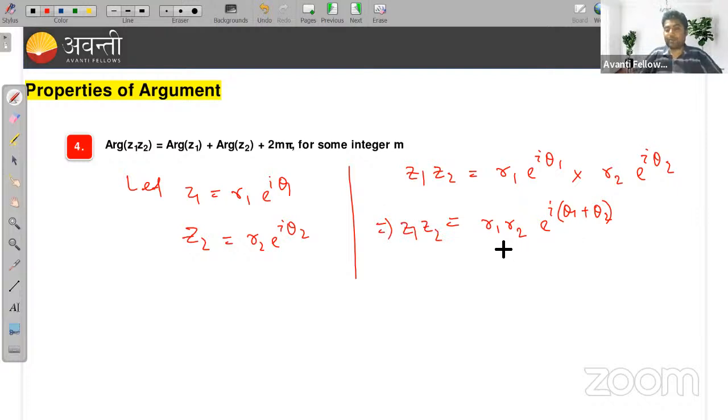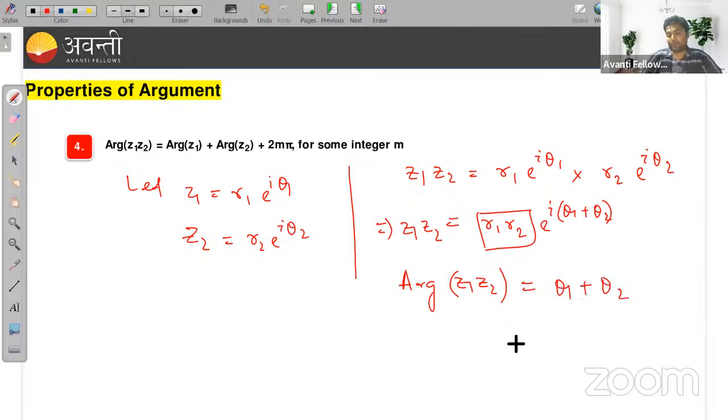This is again a complex number, whose modulus is R1 into R2 and whose argument is theta 1 plus theta 2. So what is the argument of Z1 into Z2 you are getting here? That is theta 1 plus theta 2. In place of theta 1, can I write argument of Z1? Yes.